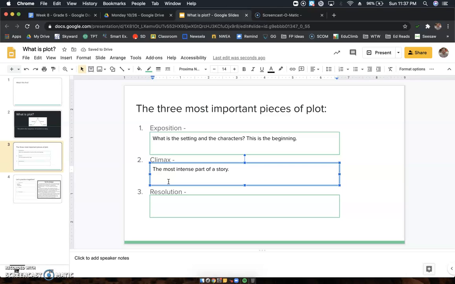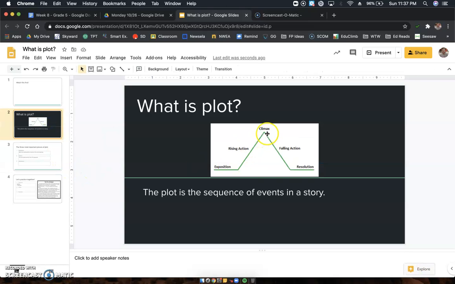It's the most intense part of the story. We might call this the high point. Okay, so maybe the most intense, the most important part of the story. Okay, we call it the high point because here it is. You might think of it as the tallest point on the plot diagram here. Okay, climax.